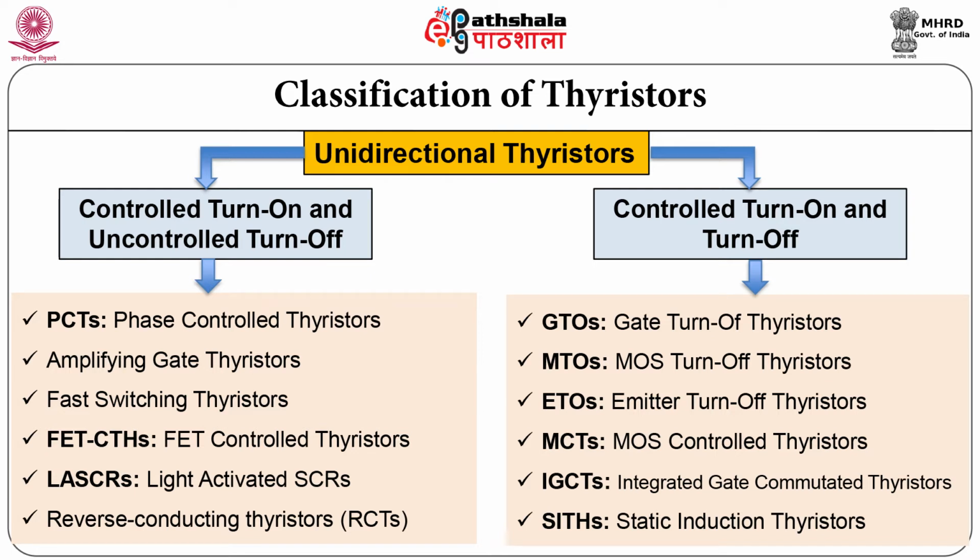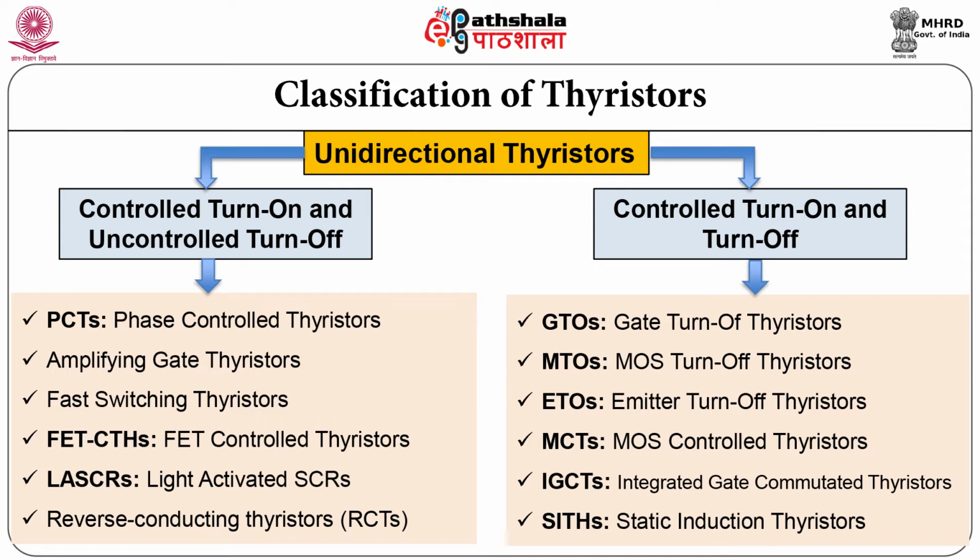If we see controlled turn on, there are conventional thyristors. First thyristor is phase control thyristors, mainly known as PCT, amplifying gate thyristors, fast switching thyristors, FET control thyristors, light activated thyristors and reverse conducting thyristors.